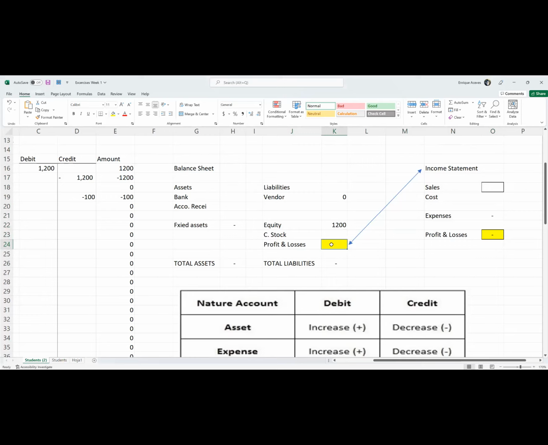Here you will see a single line, but in the income statement you will see sales, cost, expenses. So right now, the company has managed to do a sale. And right now, this is the balance that we have according to our records, guys.